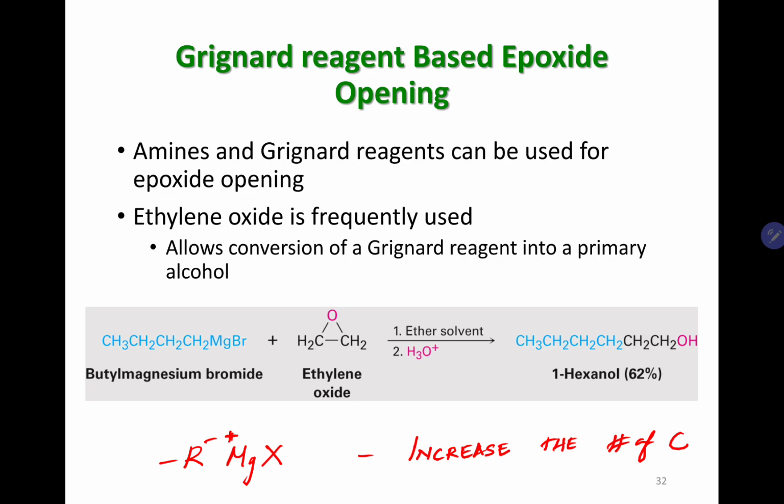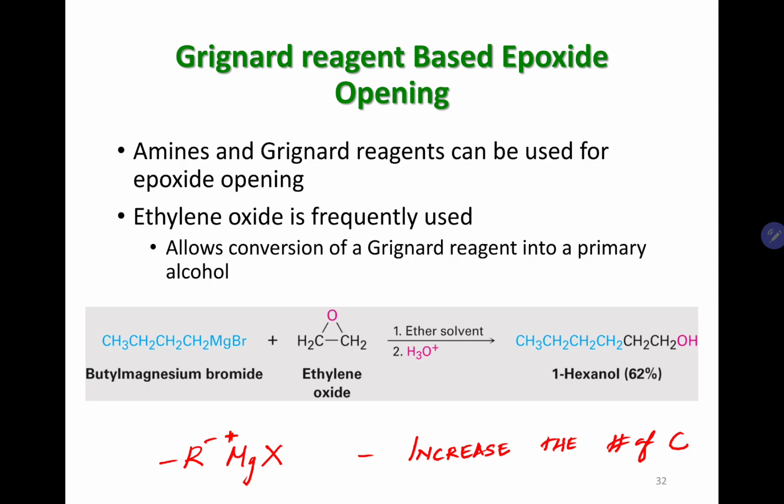Because most of the time in organic synthesis, we start with very simple small organic compounds, and at the end of the day, we want to make something with more carbons and more functional groups. Therefore, the reactions that add carbons are very important in organic chemistry.